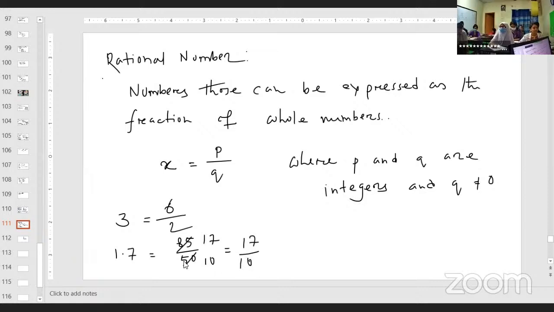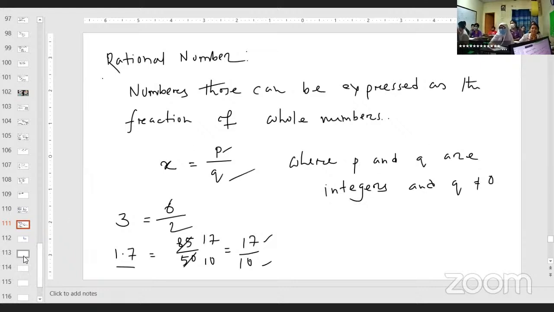So this is a decimal number, but it can be rational since you have the option to express it as the fraction of integers. When we can express it as a fraction of integers, then we call it a rational number.